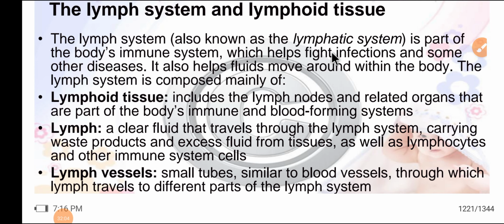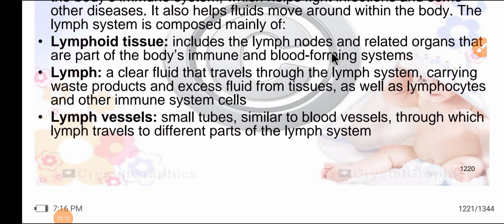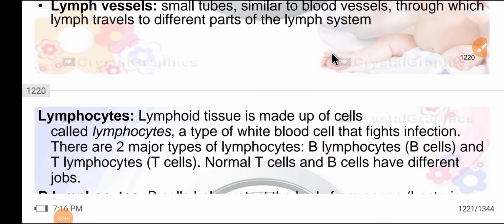Lymph vessels: small tubes similar to blood vessels through which lymph travels to different parts of the lymphatic system. Lymphocytes: lymphoid tissue is made up of cells called lymphocytes, a type of white blood cell that fights infection.